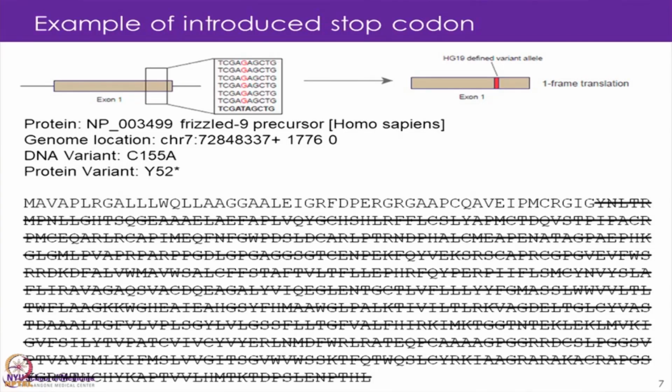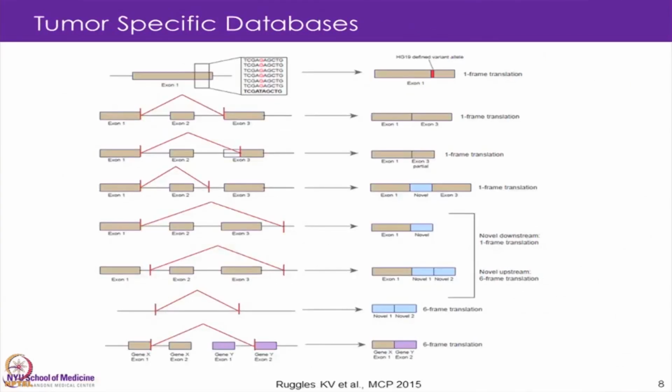And so what people do is to evaluate all the possible effects that we can have. Kelly is going to talk more about what kind of changes there are, but I'll just quickly say that most of the different ones are related to splice variants that we can get from the RNA sequencing.